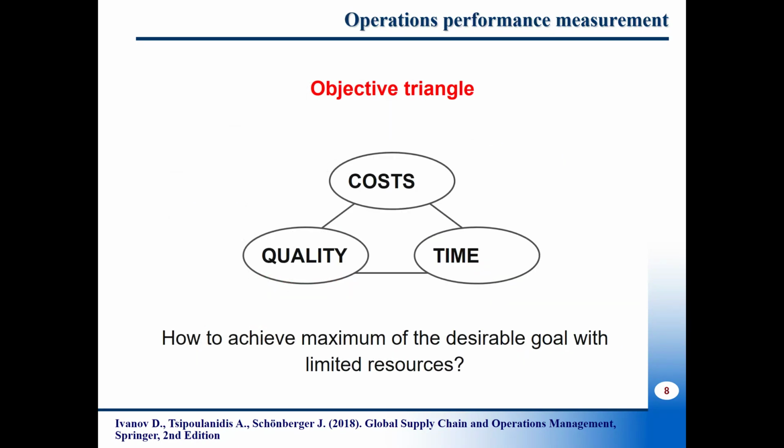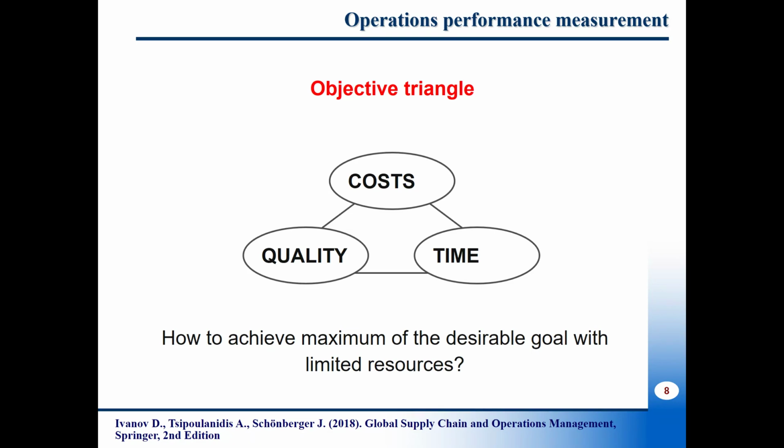And in order to achieve excellent operations, operations management needs to measure its performance according to three pillars that compose the objective triangle, that is cost, quality, and time.